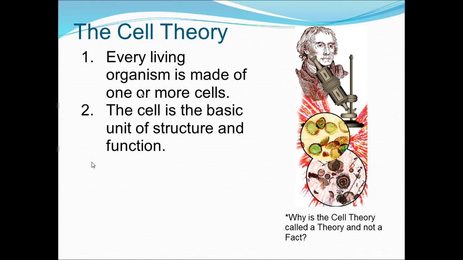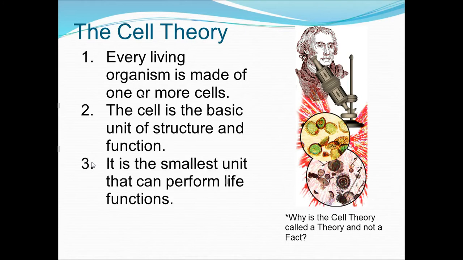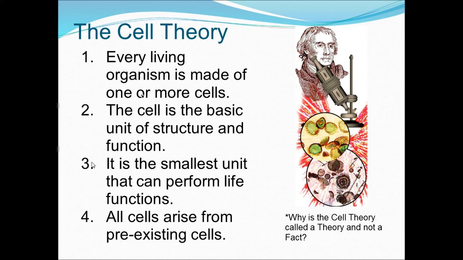It's organized according to the cells that are in it. Next is that the cell is the smallest unit that can perform life functions. Those life functions, remember, characteristics of life, able to reproduce, able to grow, develop, etc. And the last part of the cell theory says that all cells arise from pre-existing cells. So a cell doesn't just appear out of nowhere. It has to come from an existing living cell.